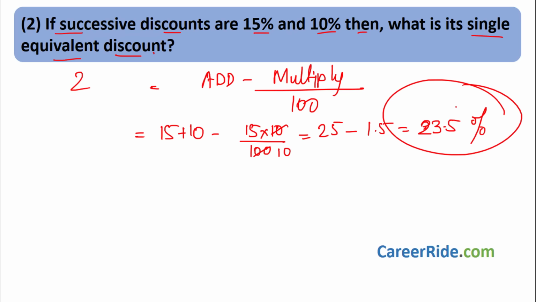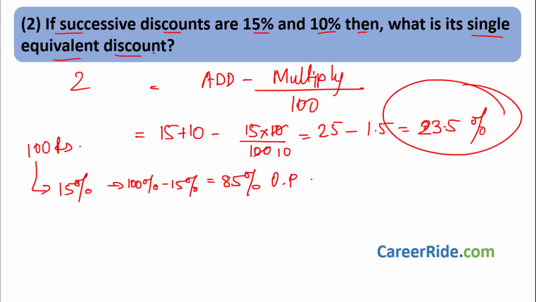Let us prove that this is the single equivalent discount. Let us assume the price of an object is 100 rupees. First discount is 15%. So what is the price now? That would be 100% minus 15%, that is 85% of the original price. 85% of 100 is rupees 85.